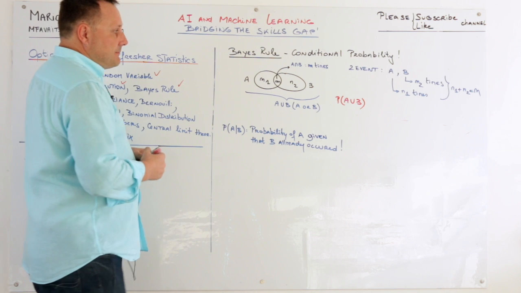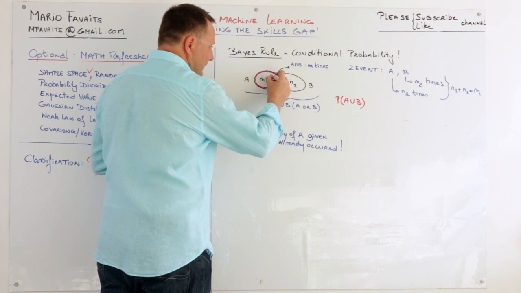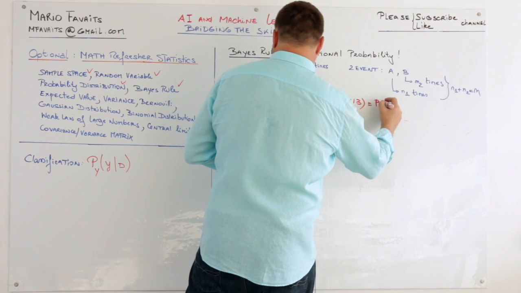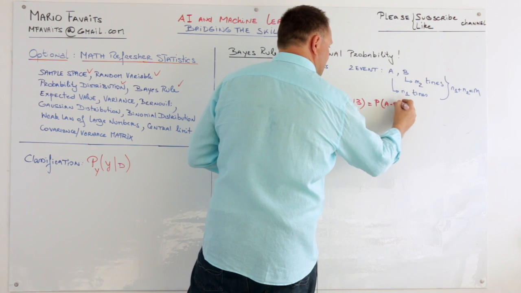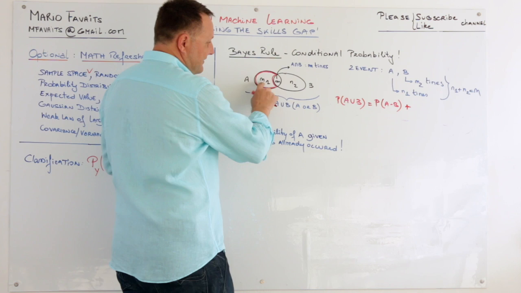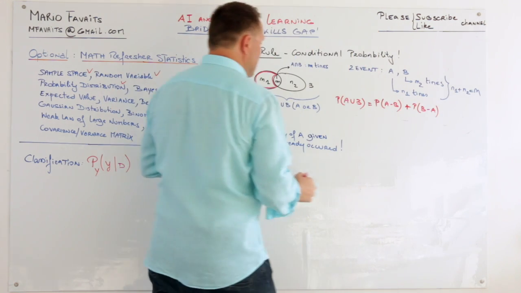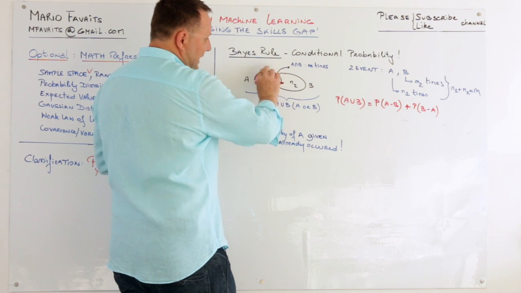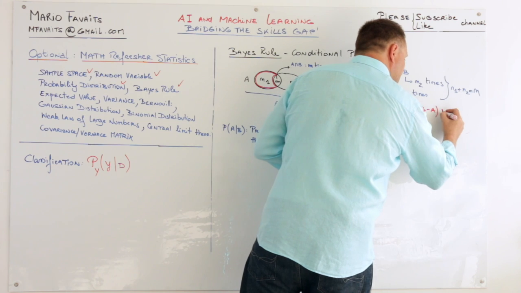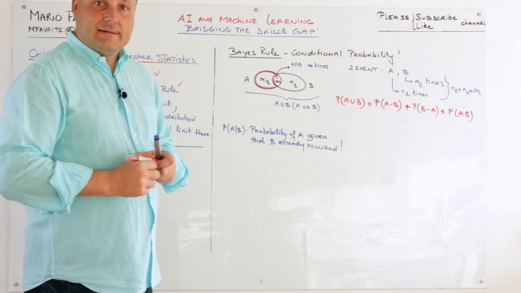Basically, it's the chance that A minus B happened, plus, now I can do the same on the other side, that is B minus A. This is A minus B, this is B minus A. And then the middle one is the chance that they occur together. I would call them AB.